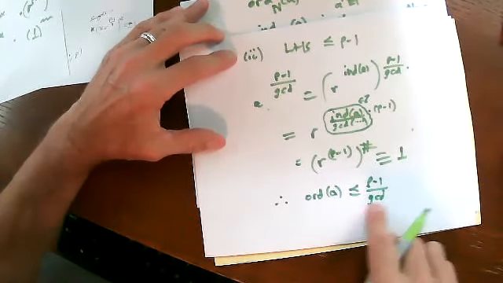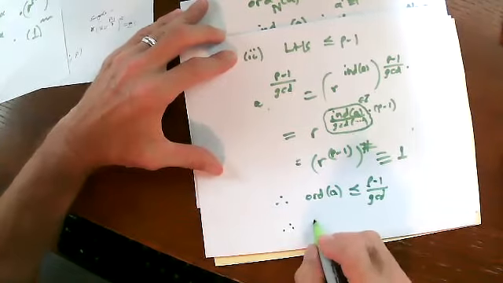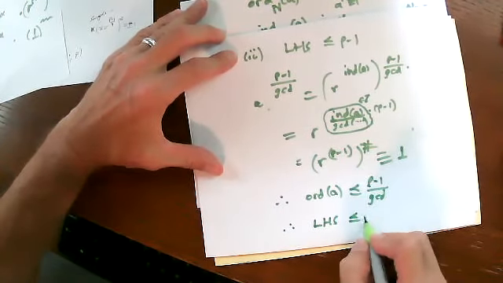And when I multiply by the denominator in here, what I've just decided is that now the left-hand side is less than or equal to p minus 1. So when you compare these two inequalities, that says the left-hand side and p minus 1 are actually equal to each other.